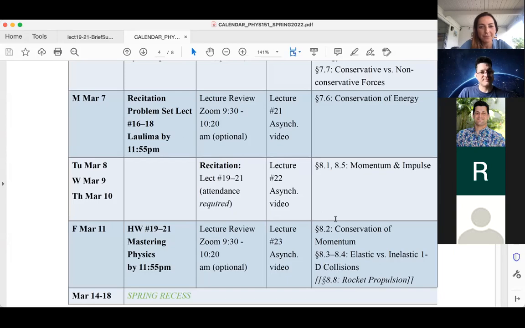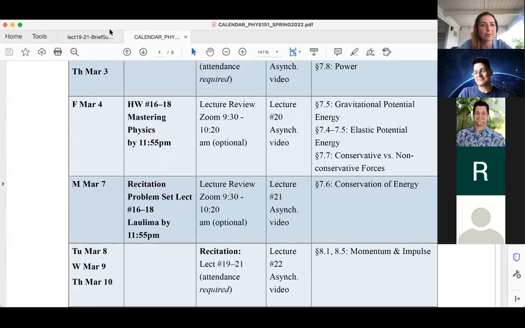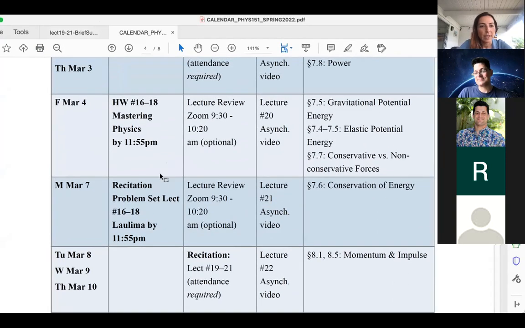So today, let's look at what we have to cover. Let me open the calendar. Here we are. Okay, so today is March 4th. Time passed by so fast. What we have is gravitational potential energy, elastic potential energy, conservative versus non-conservative forces.